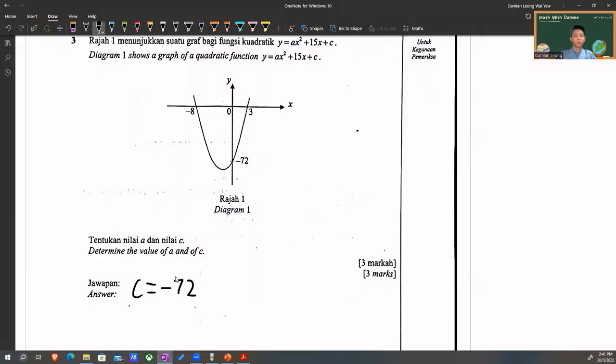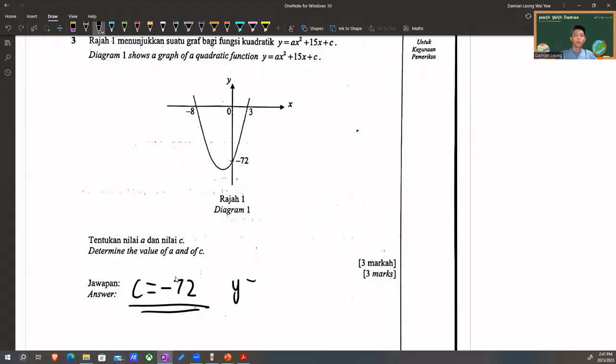So to get a, there are two ways of doing this. One is from the x-intercepts, we can form back the quadratic and then compare. Another way is we can just substitute in any of the values of the points here.